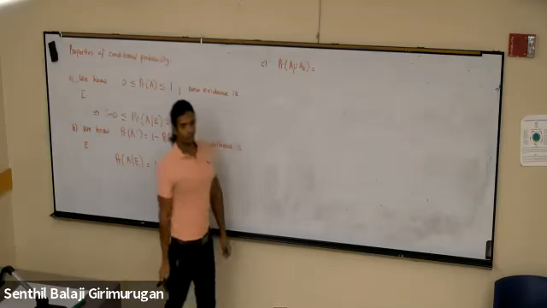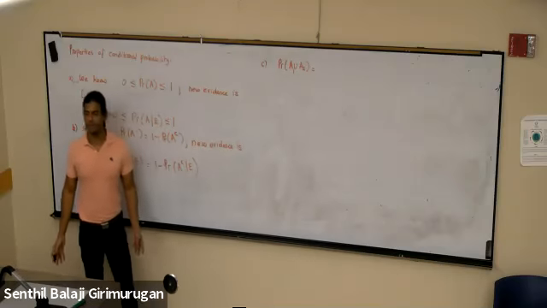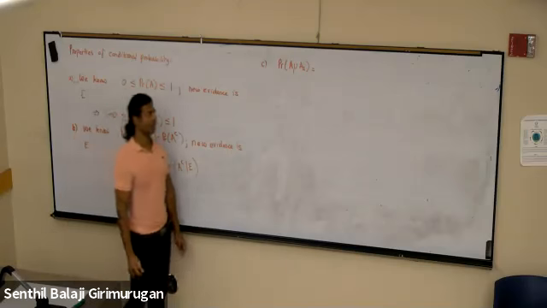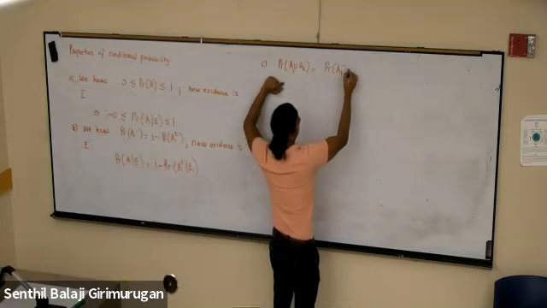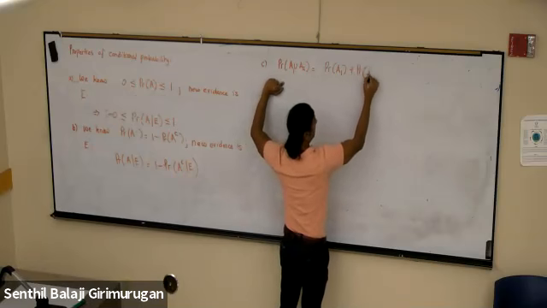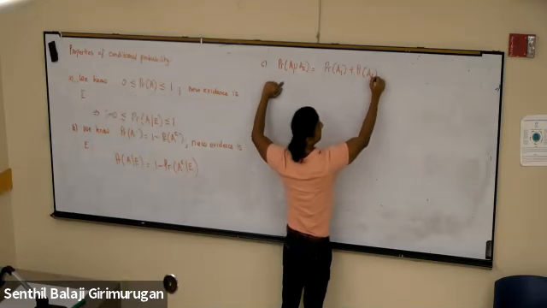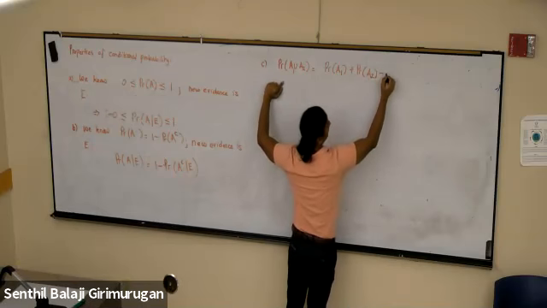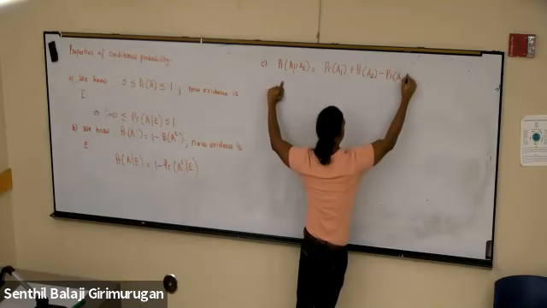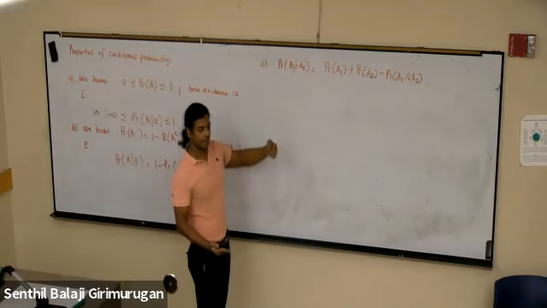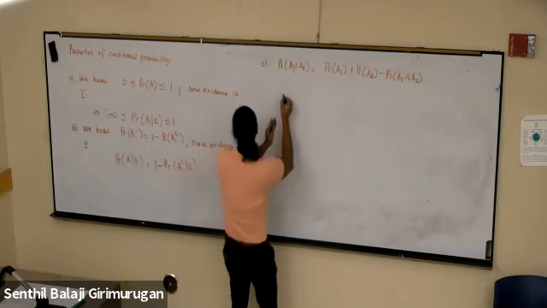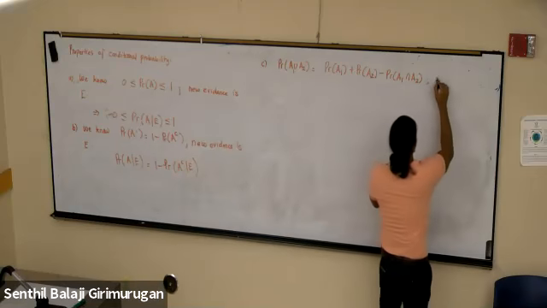We know the probability of A1 union A2, in the simplest sense, would be the probability of A1 plus the probability of A2, and what comes next? Minus A1 intersect A2. Yes? Now, what would happen if we have new evidence in our condition?